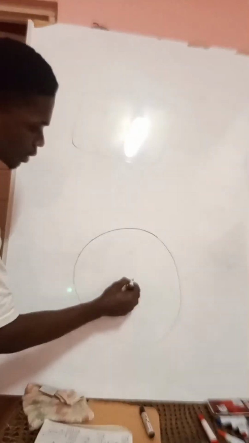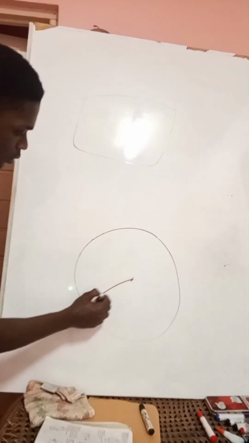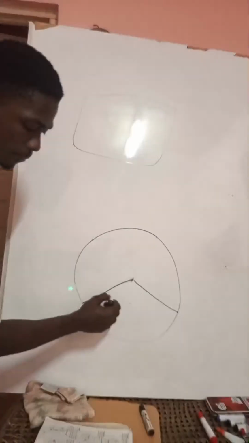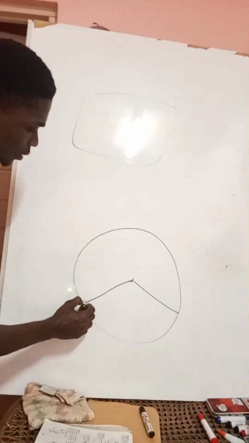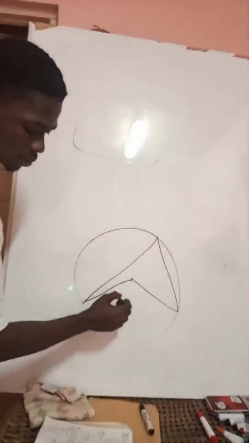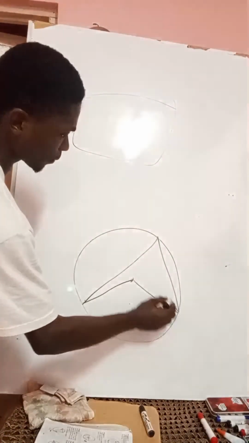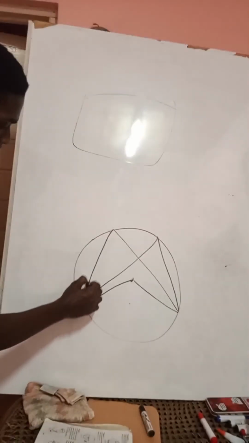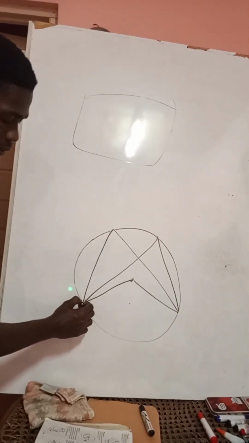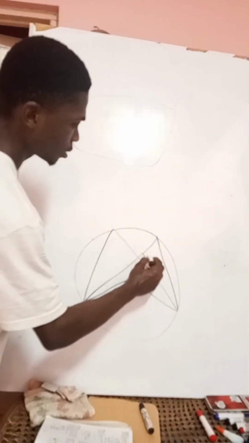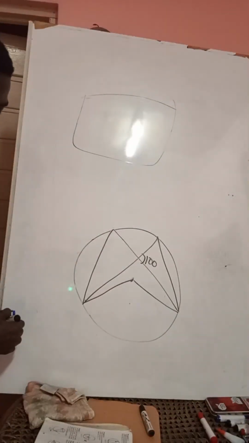This is the center. So here to here. Then you have this one here, and then you have this side here. Okay. And then you have been given here as 100 degrees. This side as 100 degrees.